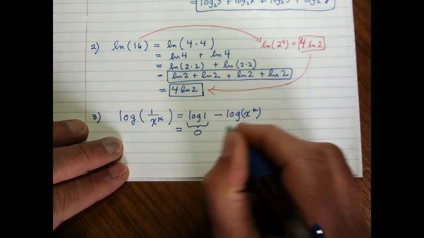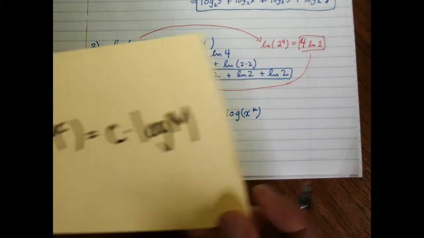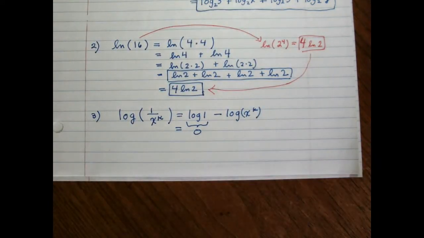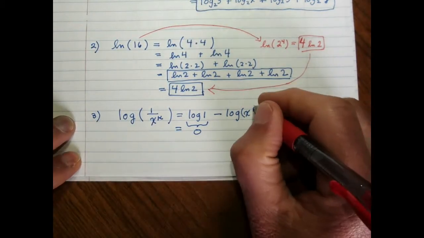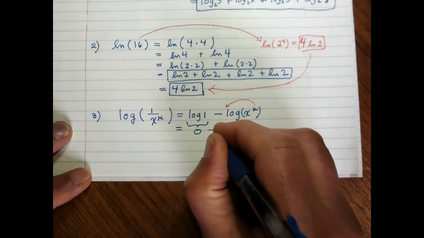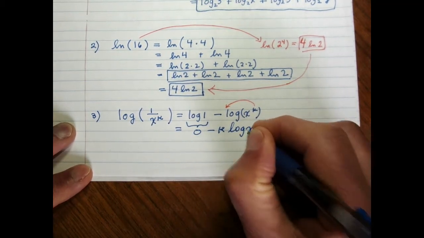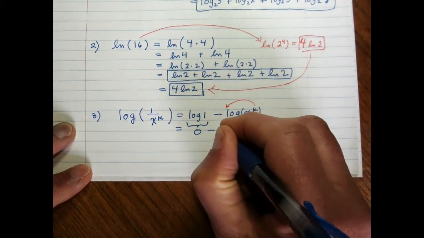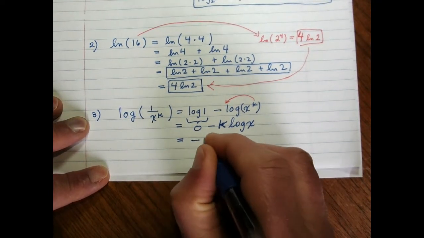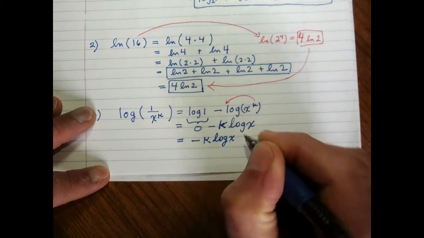And then here I'm going to apply my log of a number to a power property and bring that power k out in front as a factor. So I get minus k times log of x. And so all I'm left with is minus k times log x.